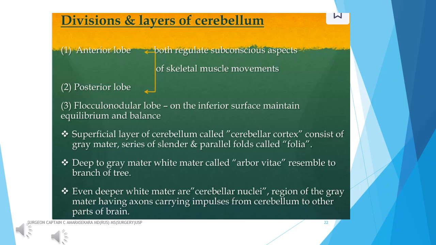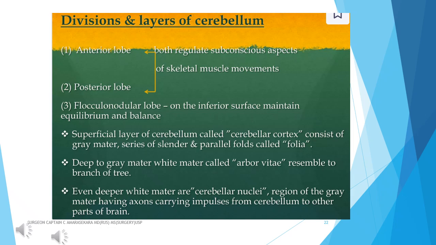Arbor vitae is deep white matter named for its tree-like appearance. So why do you call it arbor vitae? Because of its tree-like appearance. It carries afferent and efferent signals between cortex and nuclei. Next, we will go to the cerebellar nuclei, or deep gray matter embedded within the white matter.